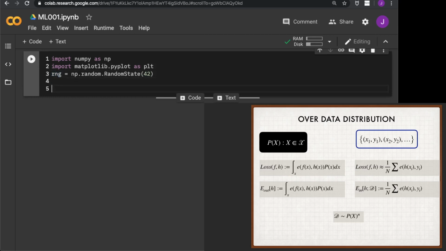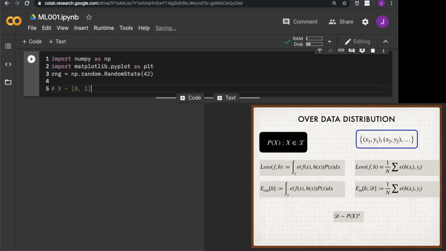For example, let us have the data distributed from 0 to 1, evenly distributed. We have a uniform distribution between 0 and 1 of data.